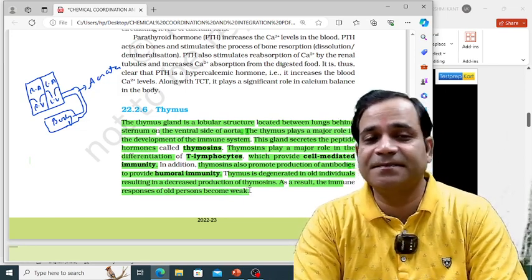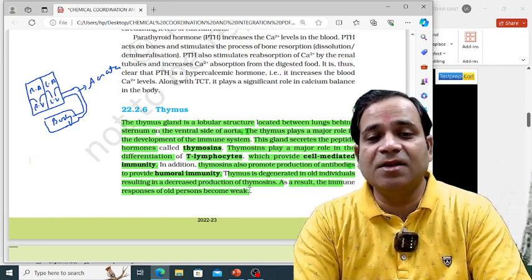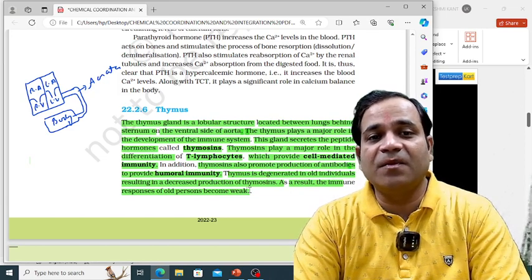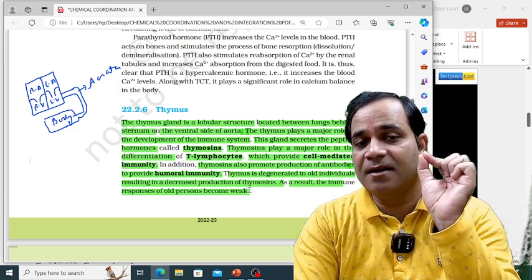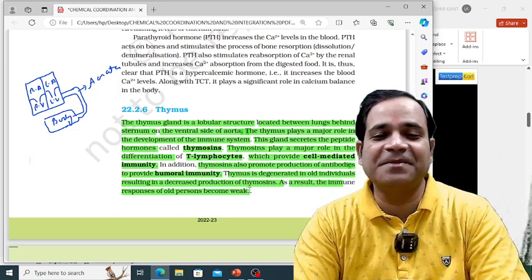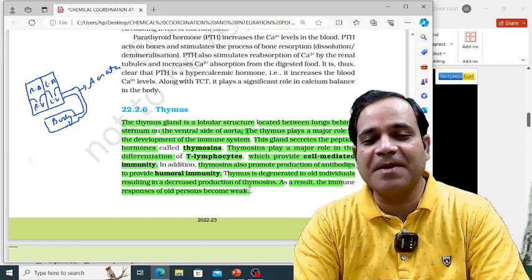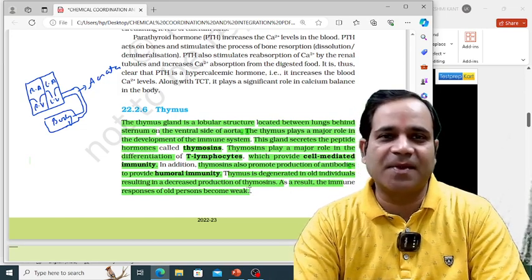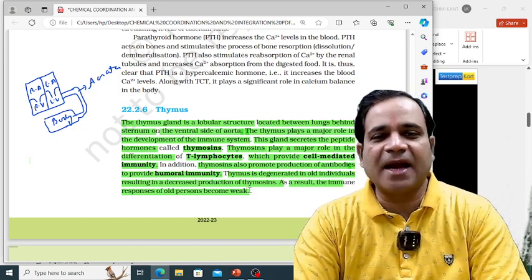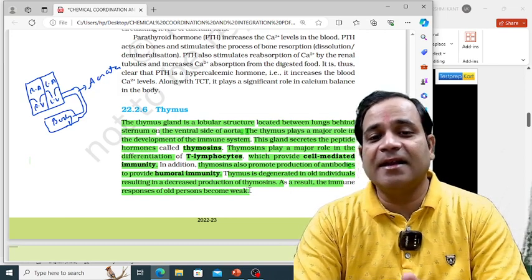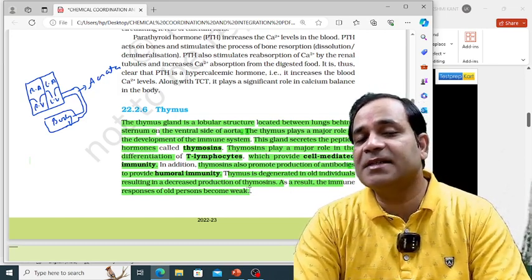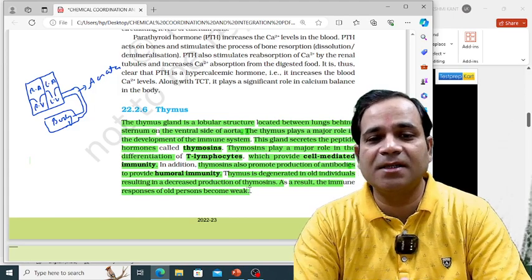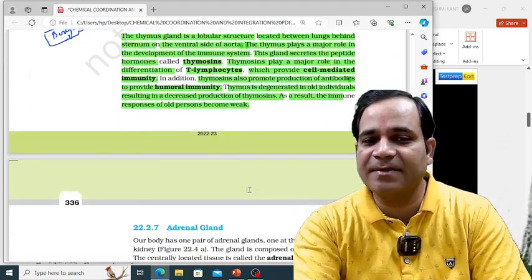If anybody asks you the reason why an old person becomes weak, the main role is that of the thymus gland, which secretes the hormone thymosin, my dear. So the thymus degenerates in old individuals, resulting in decreased production of thymosin. As a result, the immune response of an old person becomes weak, my dear. Getting my point? Very good.